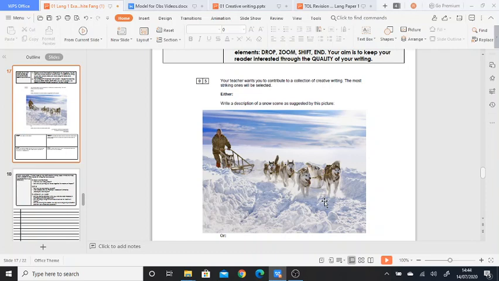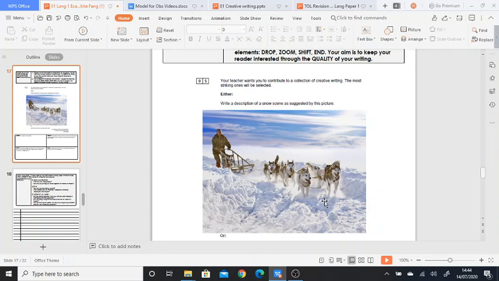Okay, and you need to develop those ideas. You could even think about what's not in this image, like the sounds, for example. You can make up what you can hear. And speaking about that, it's important to also think about using sensory language.